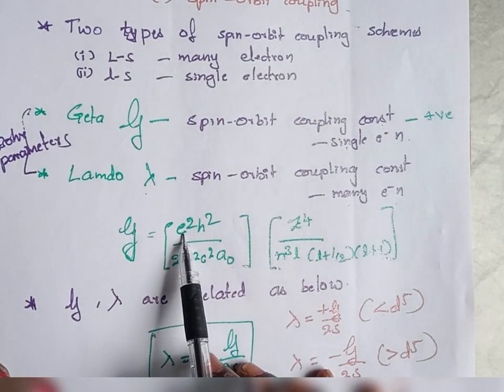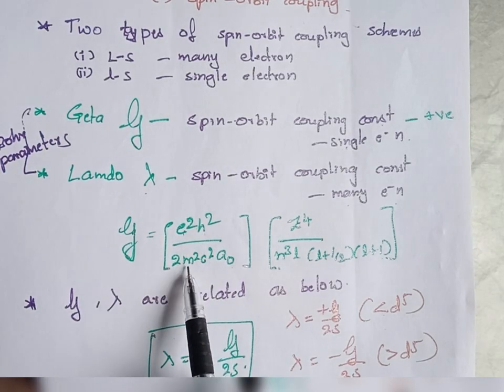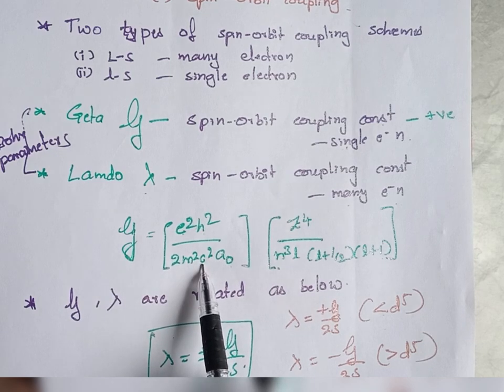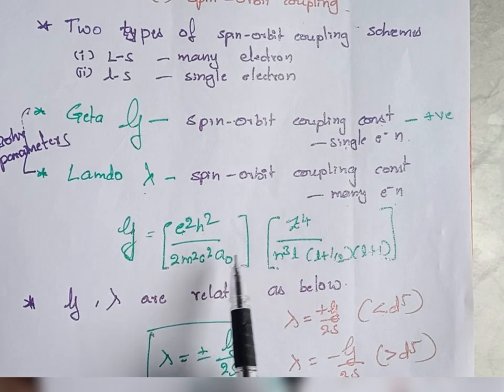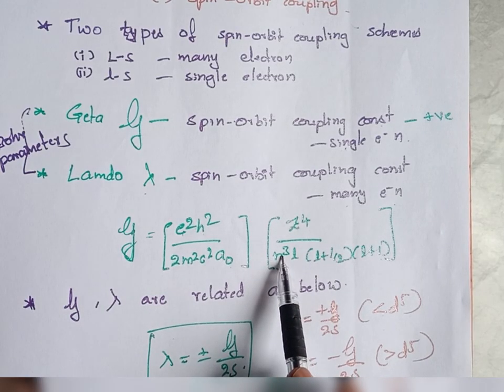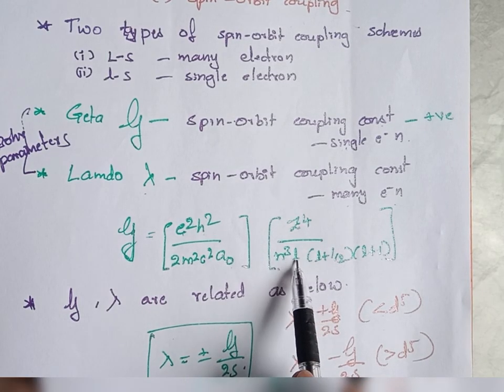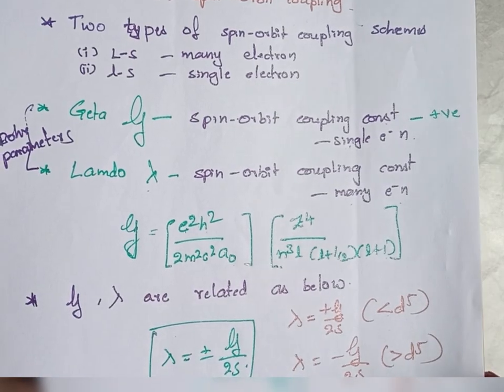Where e is the charge of the electron, h is Planck's constant, small m is the mass of the electron, c is the velocity of light, a0 is Bohr's radius, z is the atomic number, small n is the principal quantum number and small l is the azimuthal quantum number.